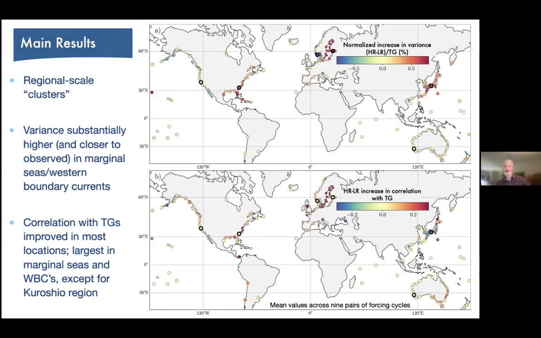In the attached Gulf Stream, it's the opposite. And the reason why, to jump to the conclusion, is that intrinsic variability plays a larger role in coastal sea level variability in the Kuroshio. So that actually decreases the correlation of the forced model with the tide gauges.